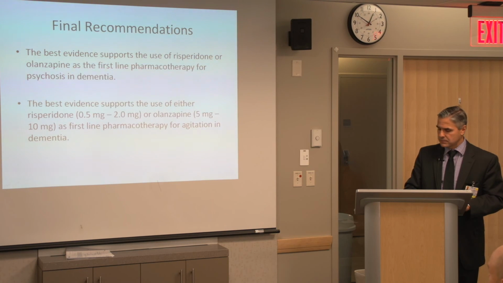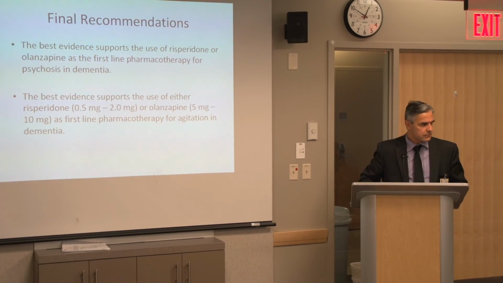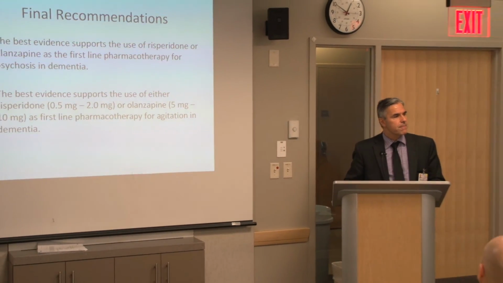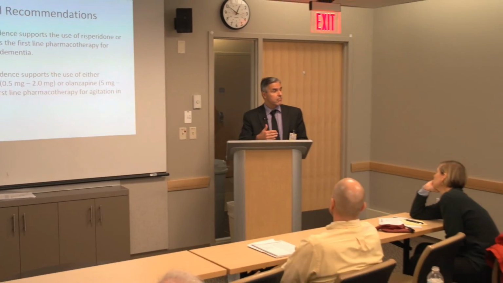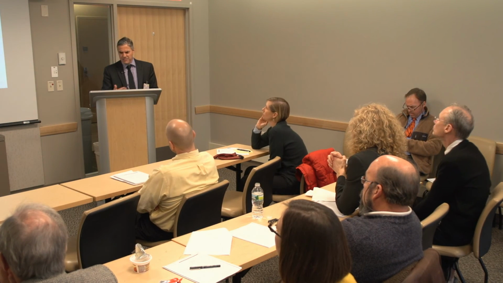What about cholinesterase inhibitors and Namenda? The studies with those drugs, the pivotal trials, have usually included a behavioral measure, like a Jeffrey Cummings instrument. What is it? It's the neurobehavioral something.